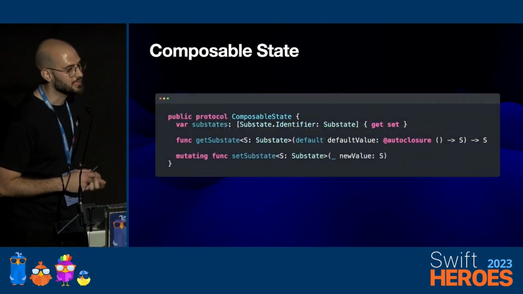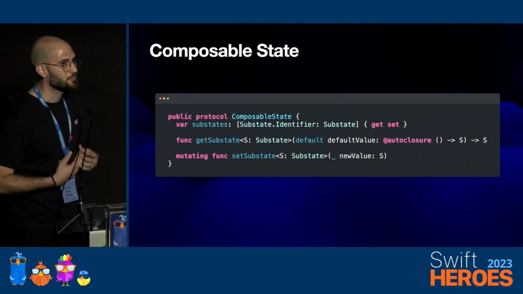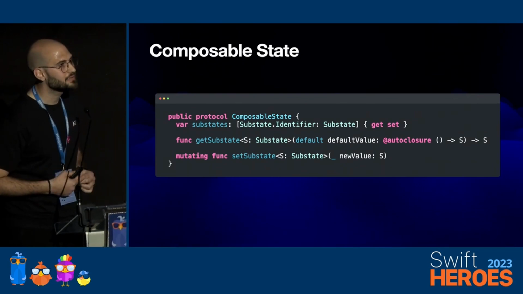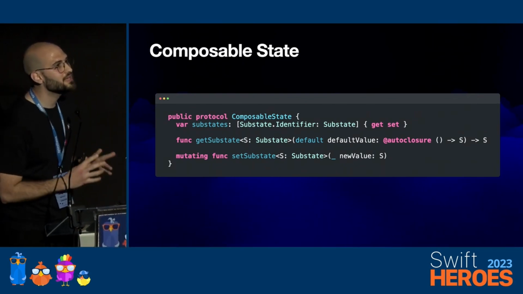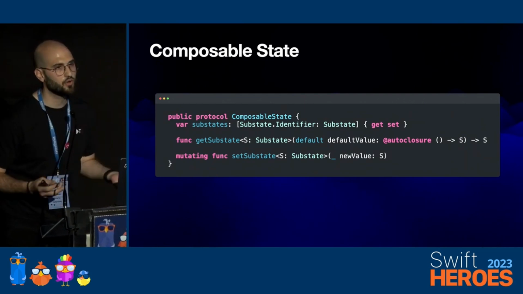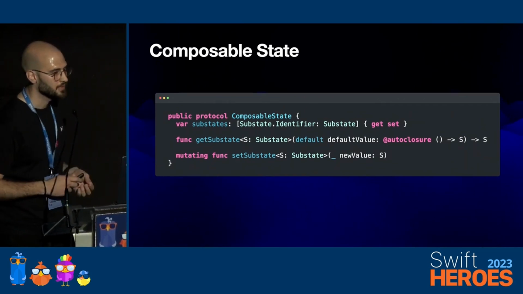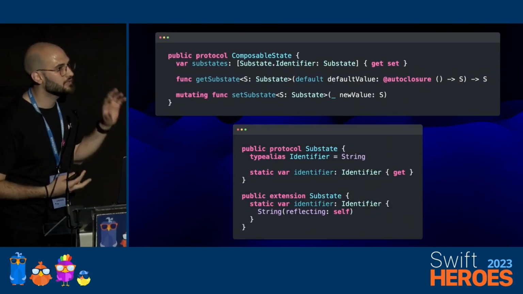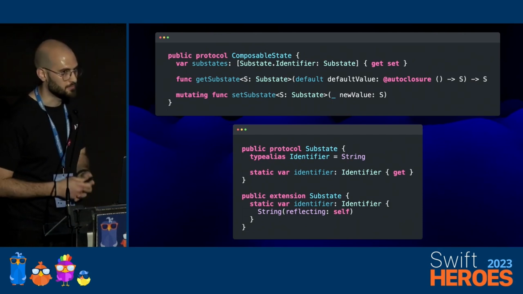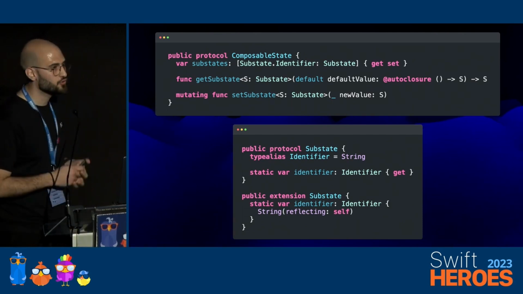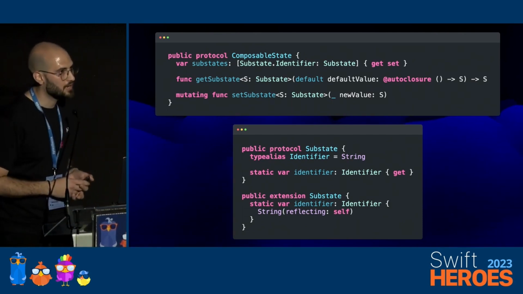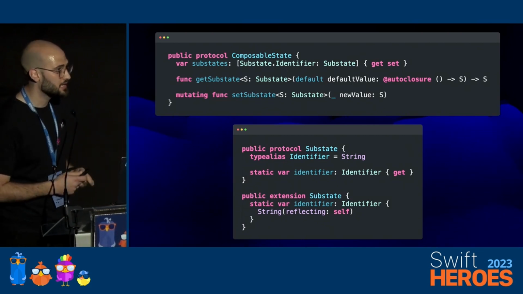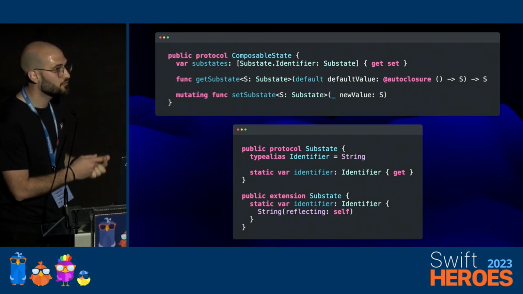So the result is the composable state, a protocol that we implement as a struct, which contains the dictionary of all the pieces of the state that we call substates. The substate is the element that contains the information of the module, and it also contains another particular element that is the identifier used by the composable state to retrieve the value from the dictionary.